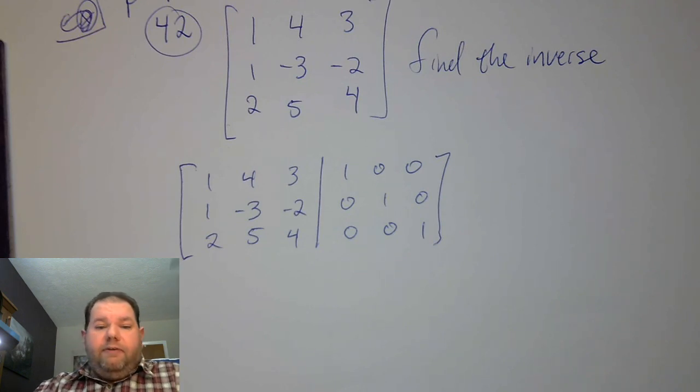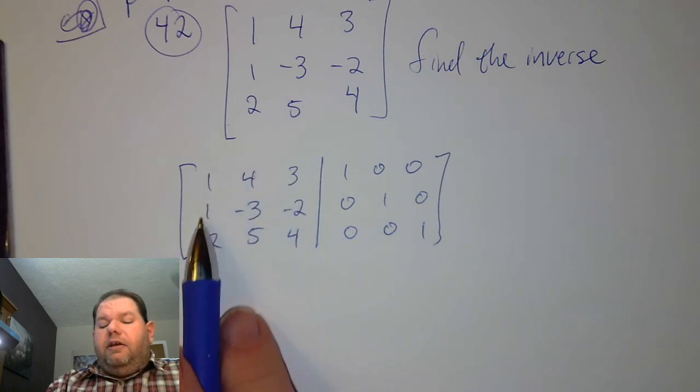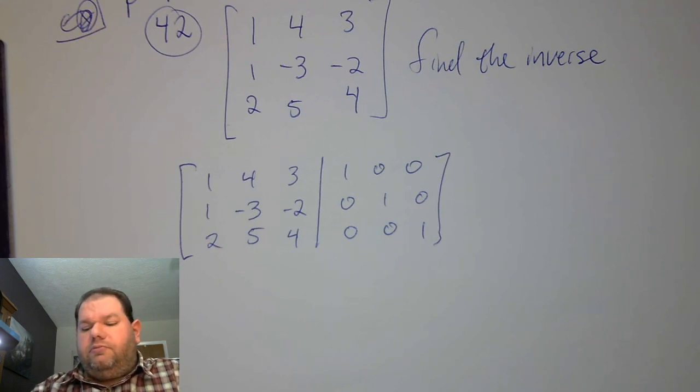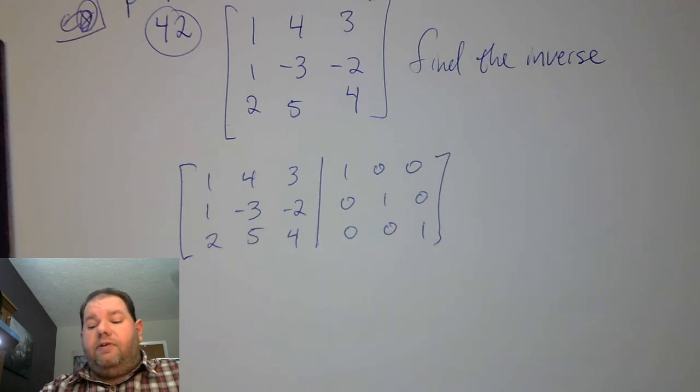Now the identity matrix is one where we just have ones on the diagonal and then zeros everywhere else. Now the process of finding the inverse is similar to the row reduced echelon form we were talking about before. So the idea is that if we take this left hand side and use our three different operations and reduce the left hand side to the row reduced echelon form, then whatever is left on the right hand side should be the inverse.